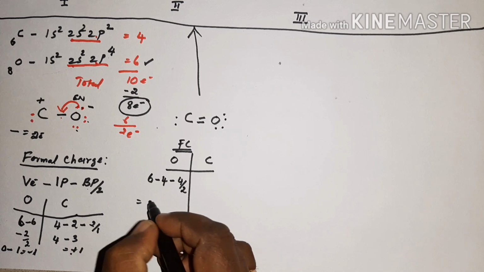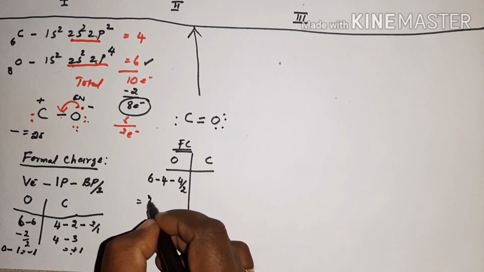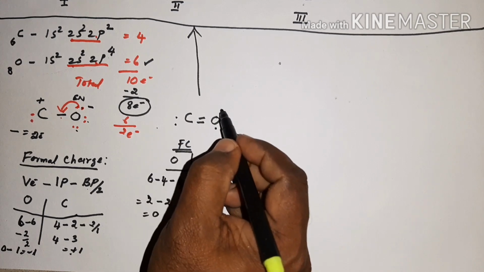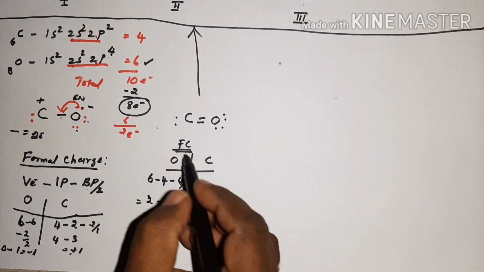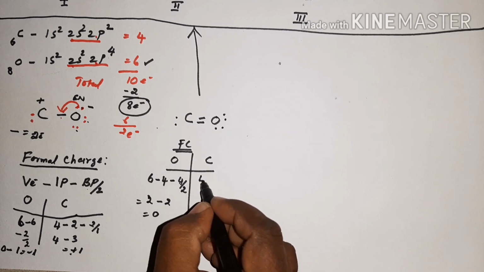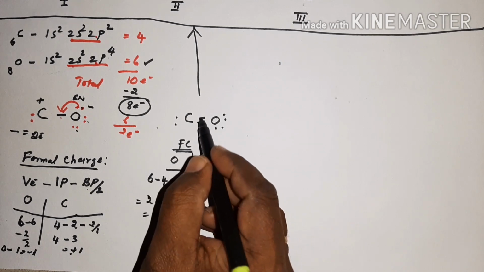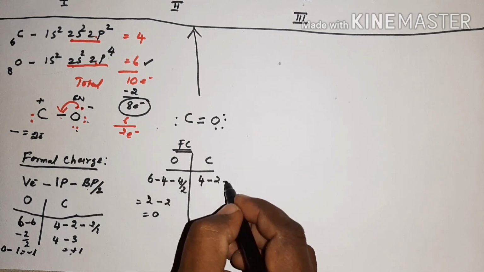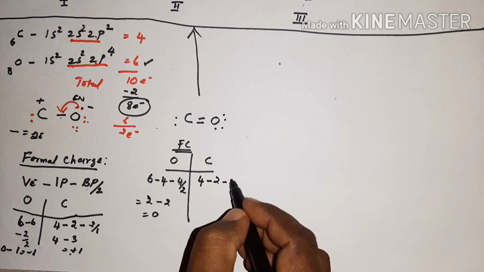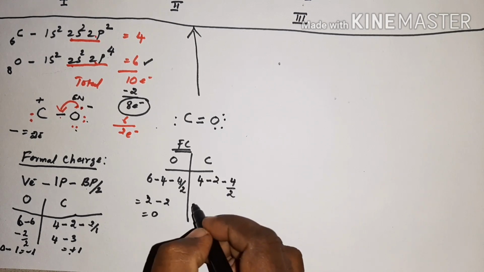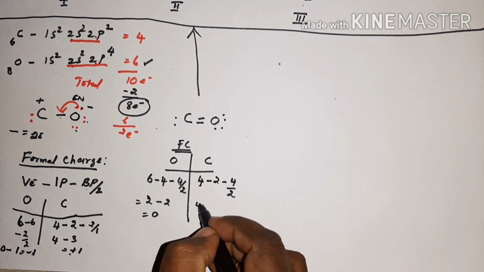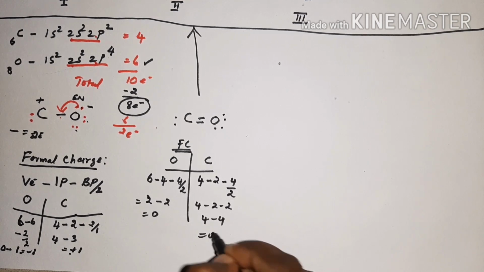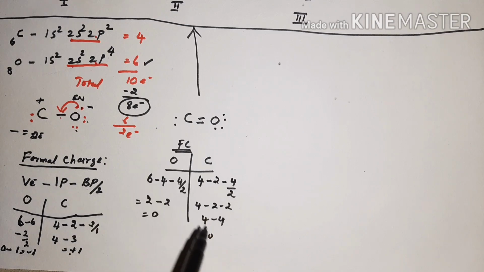So 6 minus 4 is 2, and 2 minus 2 becomes 0. So there is no charge on oxygen. For carbon, valence electrons 4, minus lone pair electrons 2, minus bond pair electrons 4 divided by 2. So 4 minus 2 minus 2, which is 4 minus 4, equals 0. So carbon does not have any charge.